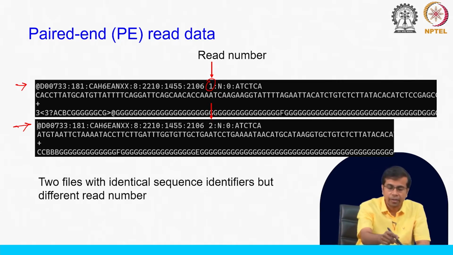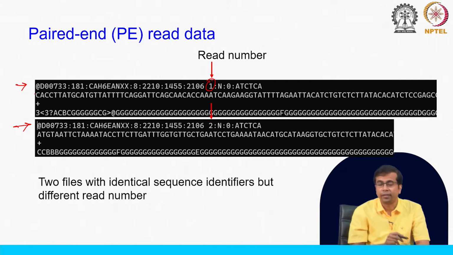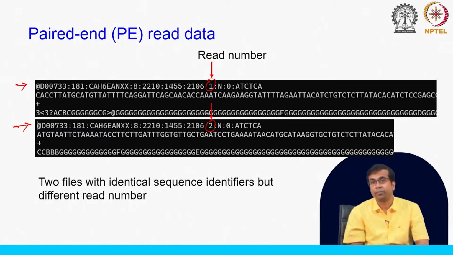For the first read the header shows 1, and for the second one it shows 2. This tells us we are dealing with paired end data. We have two files and these read numbers.